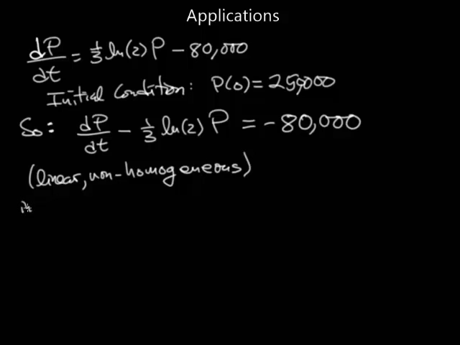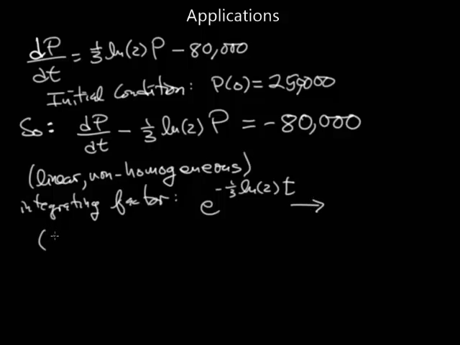You look at this 1/3 log 2 and take an antiderivative of that, and since that's just a constant, you get e to the minus 1/3 log 2 t as the integrating factor. So you multiply both sides of this equation by that, and I'm going to skip a few steps here. This example is in the notes, so if you want to see the details of this calculation, see the notes.